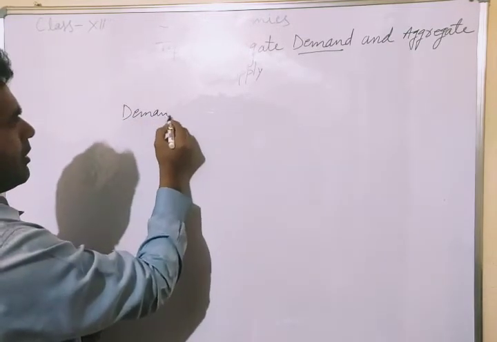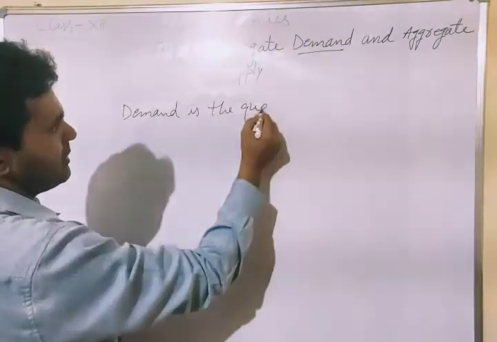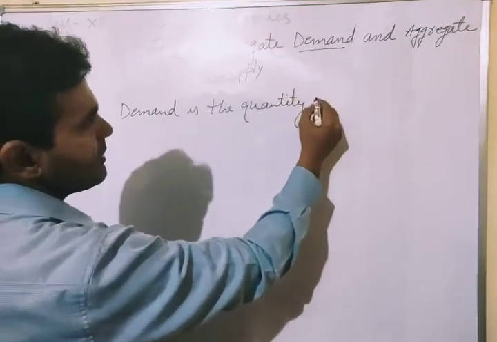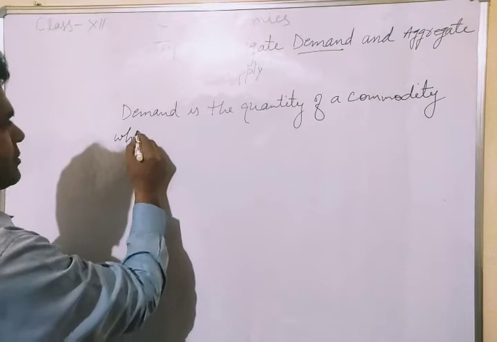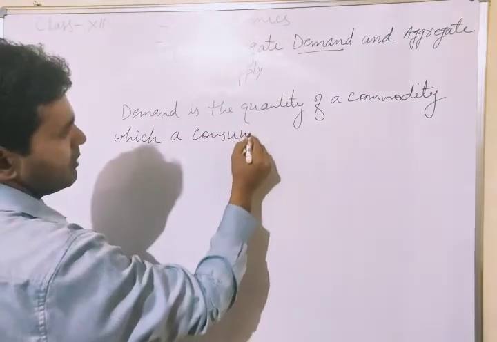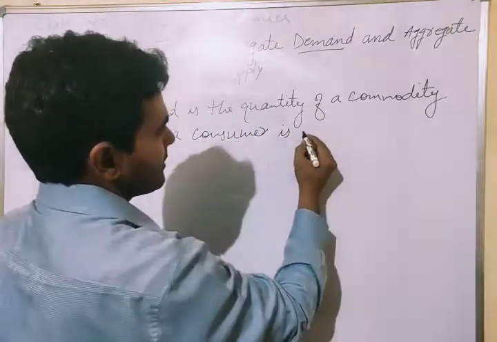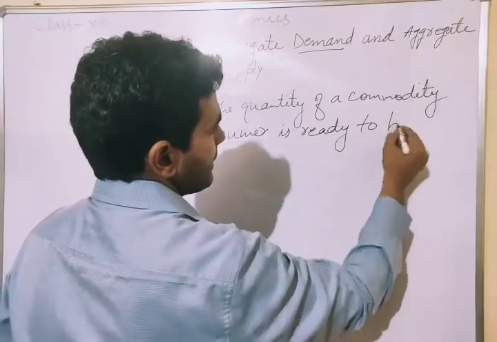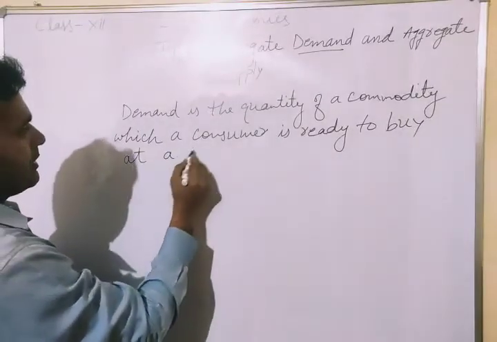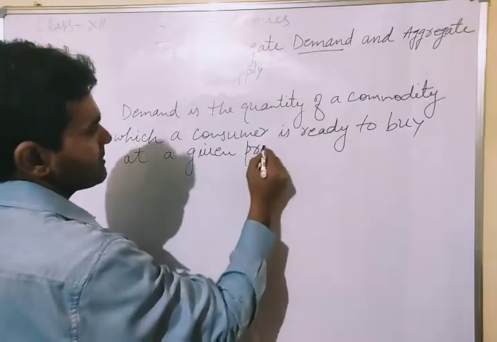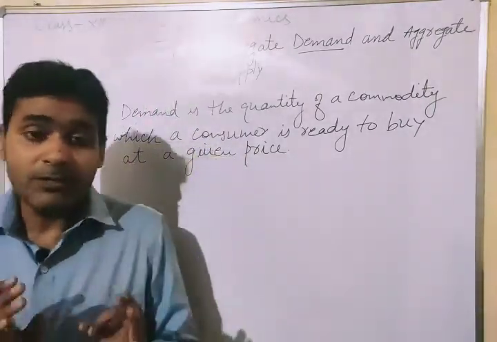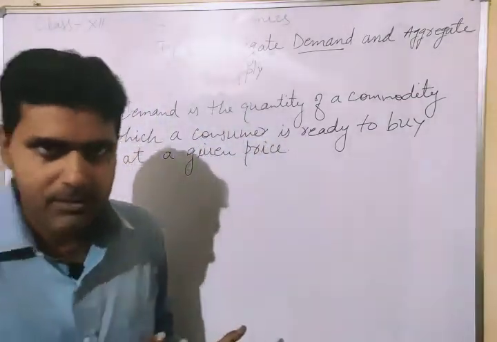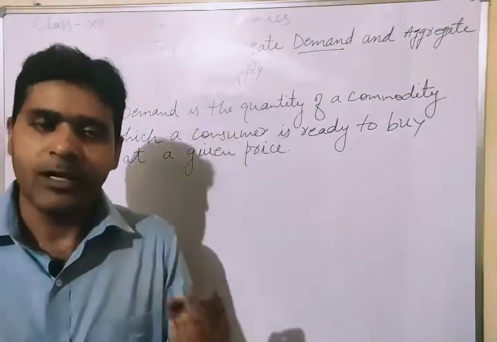Demand is the quantity of a commodity which a consumer is ready to buy at a given price during a period of time. A period may be an hour, a day, a week, a month, a year.